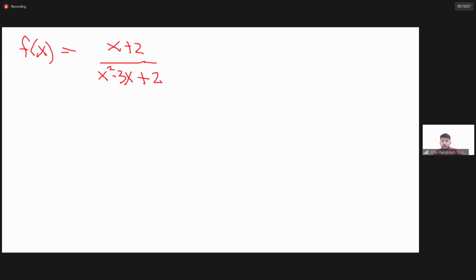So how about the others? Participate guys para malaman natin kung naintindihan nyo ba yung lesson. Apat pa lang yung nag-send. Again na, first, sundan nyo yung steps doon. Factor the numerator and denominator of f.